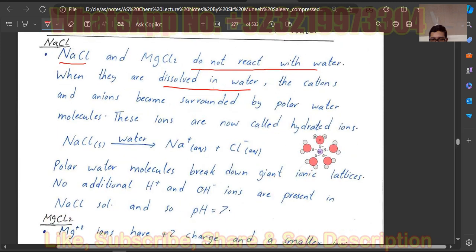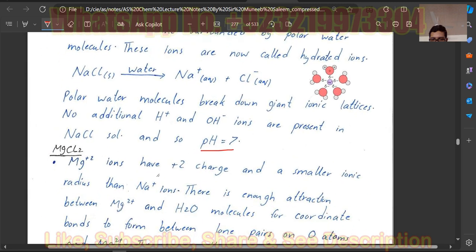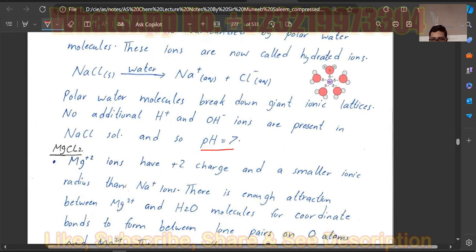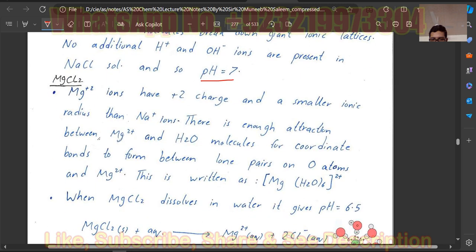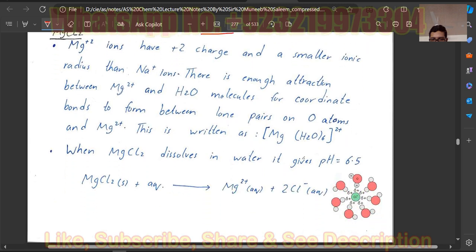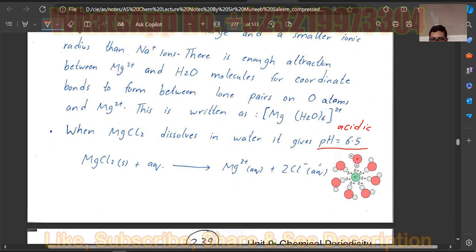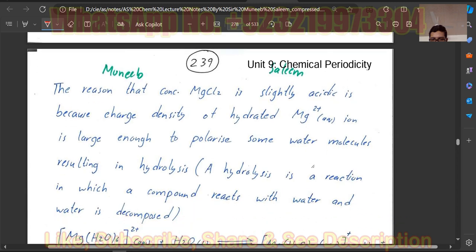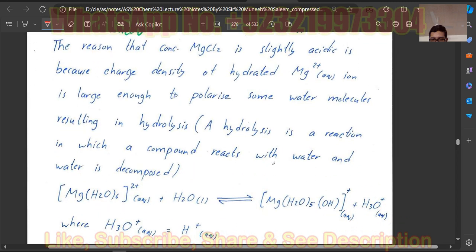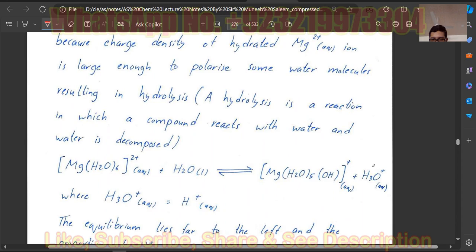And just below that, we can see the dissolving of magnesium chloride. When magnesium chloride is dissolved, we get a pH value of 6.5, which means a weakly acidic solution is formed, and the reason is the hydrolysis of magnesium ions, and as a result H3O+, which is an acid, is produced.